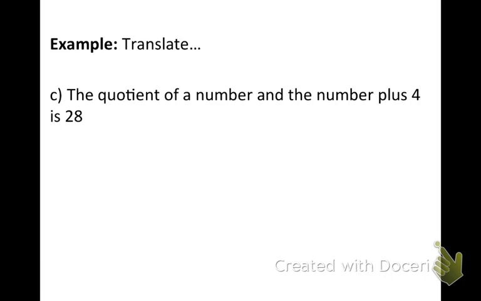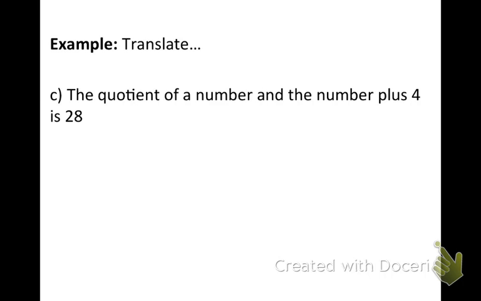The quotient of a number and the number plus 4. That seems a little funky.